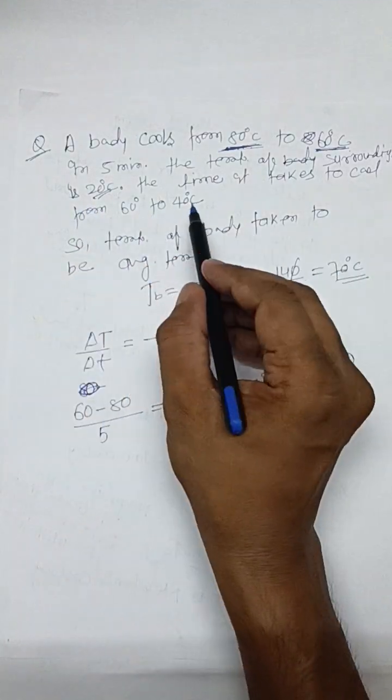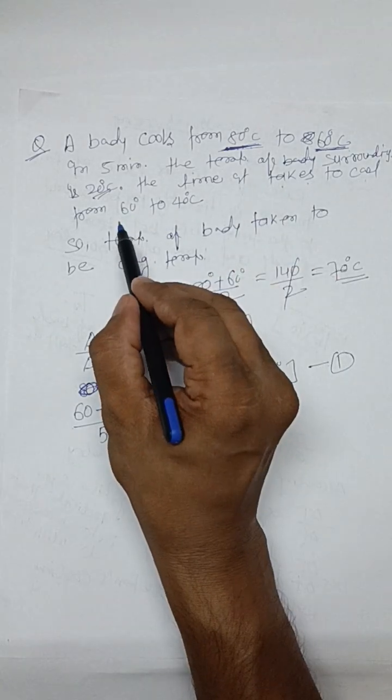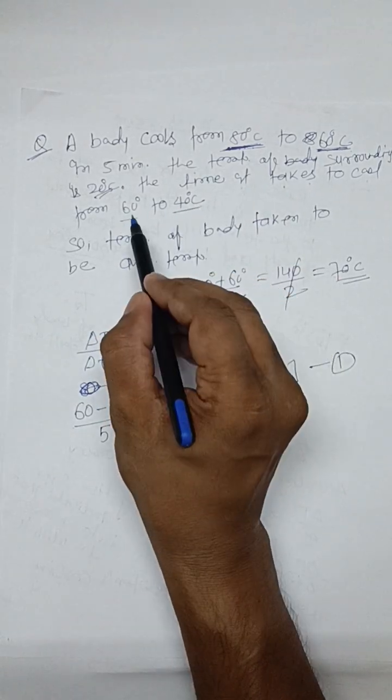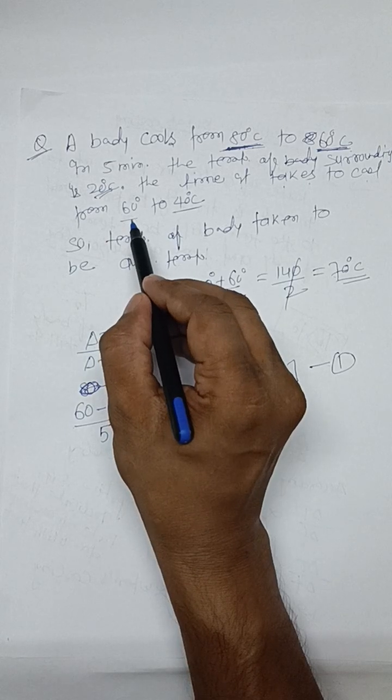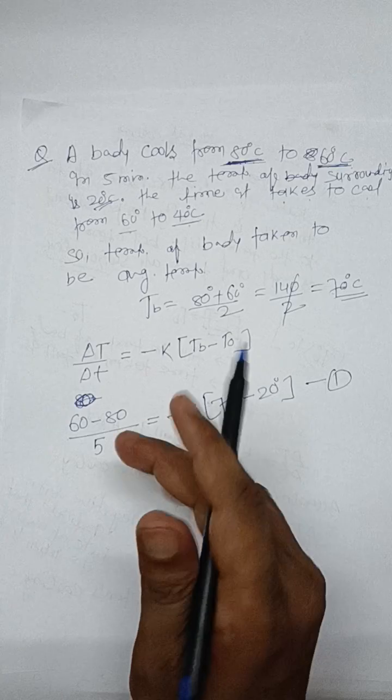Again, for the time taken to cool from 60 degrees centigrade to 40 degrees centigrade, the initial temperature is 60 and the final temperature is 40, and we have to calculate the time taken.